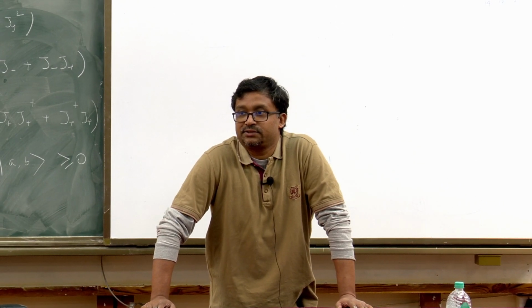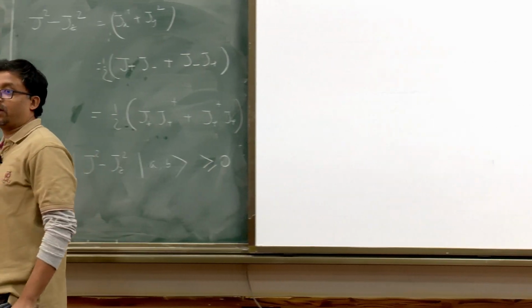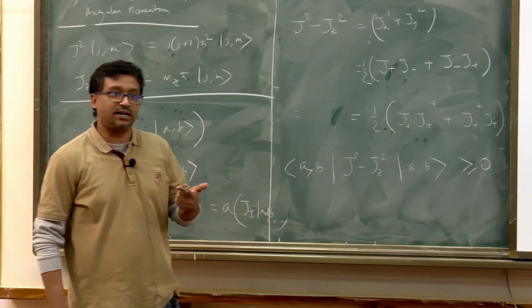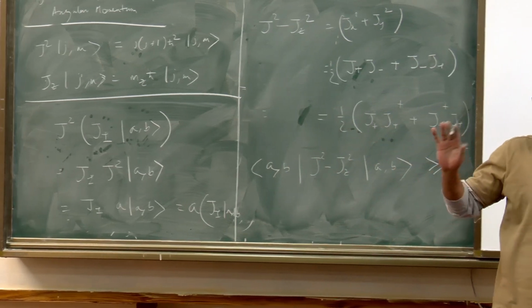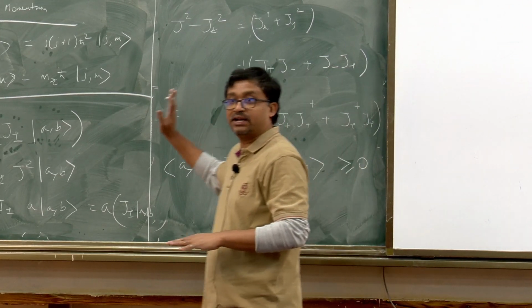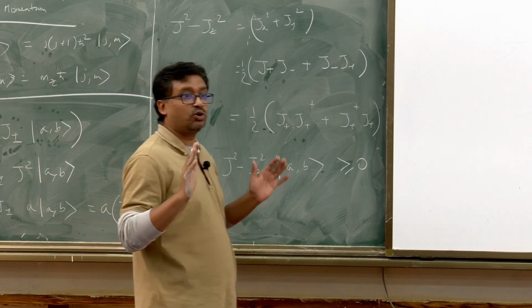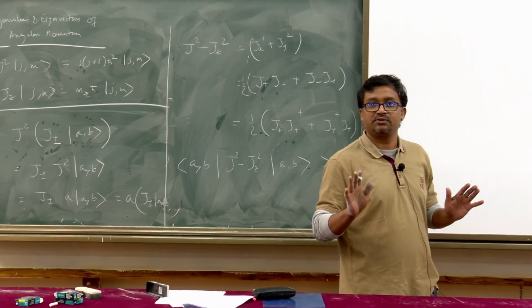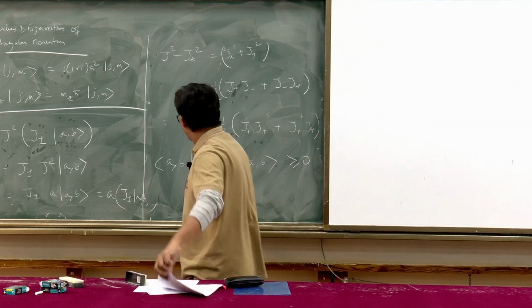It is mod C square. So we have these operators, we are taking the product of the dagger and itself. Whatever we do, if we squeeze into some ket, what this ket is is immaterial, whatever that ket is, the expectation value that we get should be greater than 0.